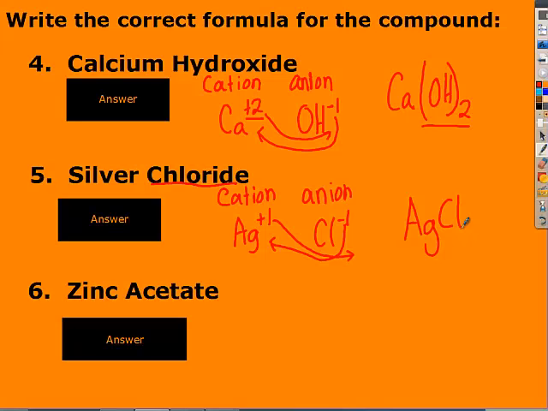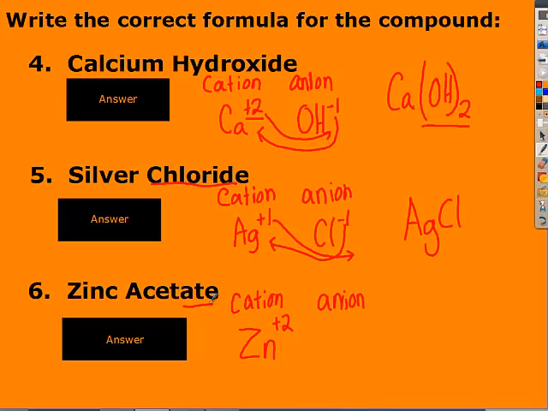Next one, zinc acetate. My cation will be zinc, which will be Zn. I said in the beginning that this has a positive 2 charge. And my anion will be acetate. Here's that word ate again. Let's flip over to the back of the periodic table.